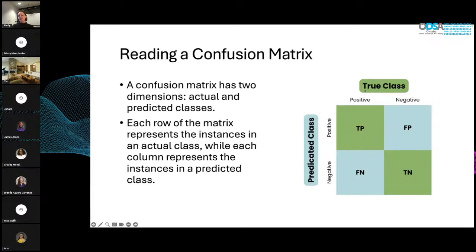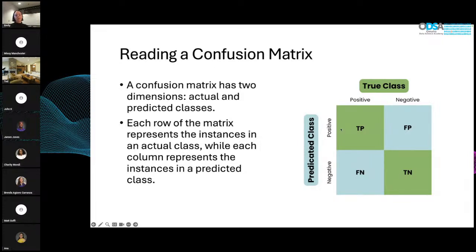Along one dimension is the true class, and on the other dimension is what we predicted. So if we predicted positive and our ground truth labels were actually positive, then it's a true positive. That's just how you interpret this.